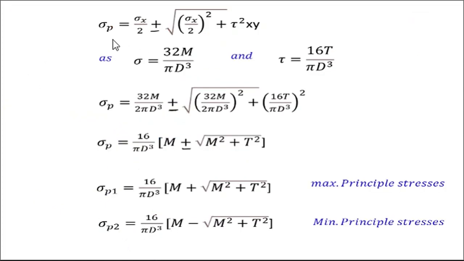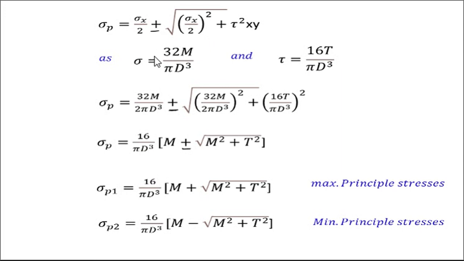Now when the direct stress is acting in only one direction, that is only in the x direction, the principal stress expression will be sigma p equal to sigma x divided by 2 plus or minus the square root of (sigma x by 2) whole square plus tau xy square.